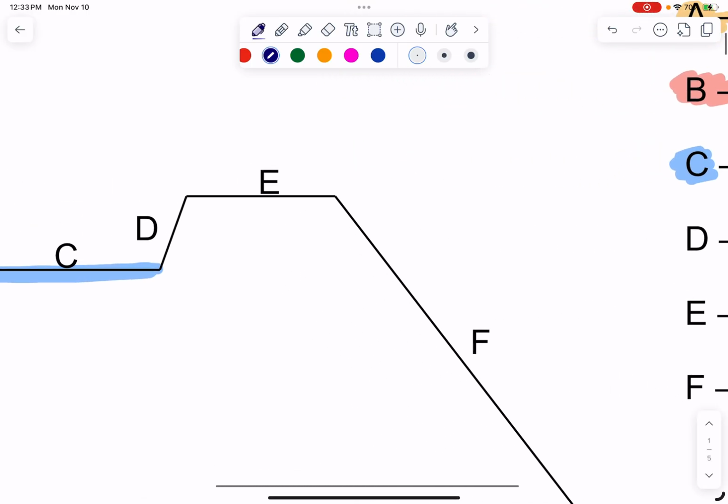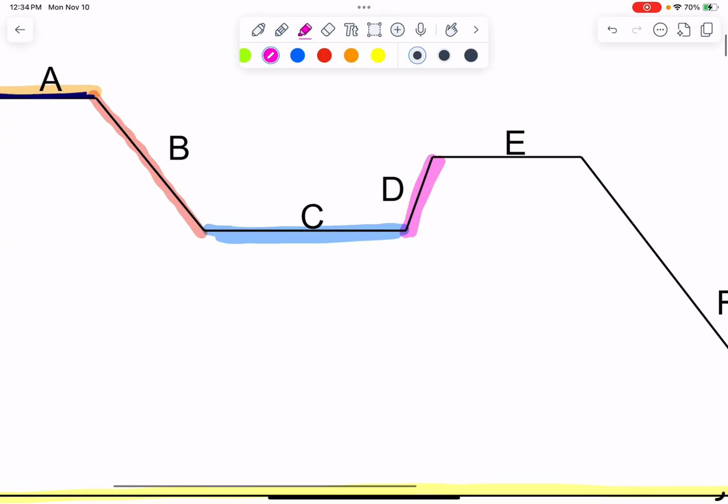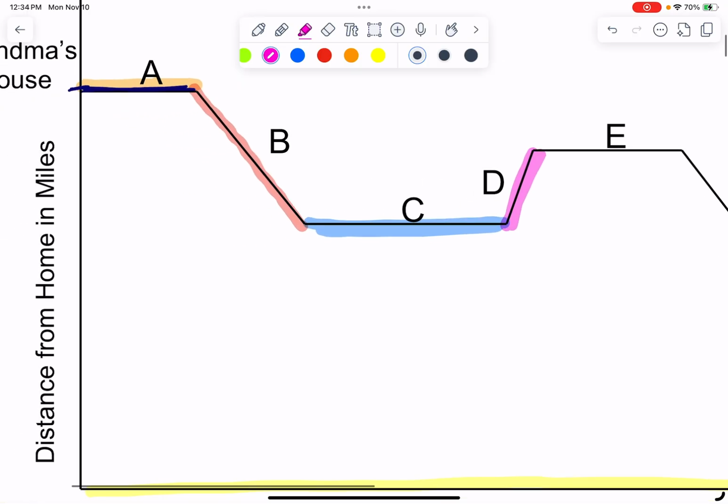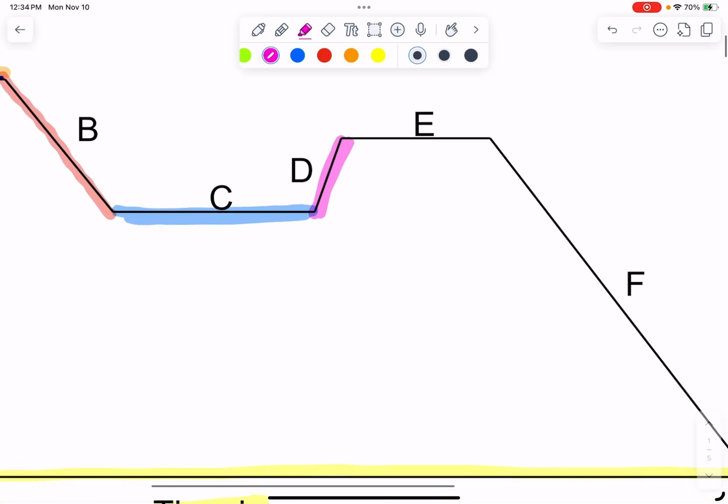And then we had to drive again. We're moving again. So right here, we're moving, and now this distance is increasing. So the distance from home is increasing, and I'm going back towards Grandma's house.